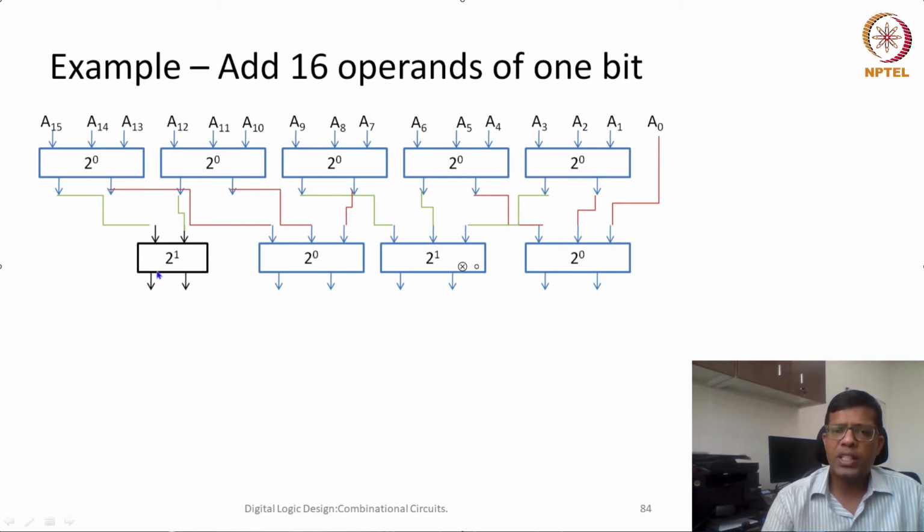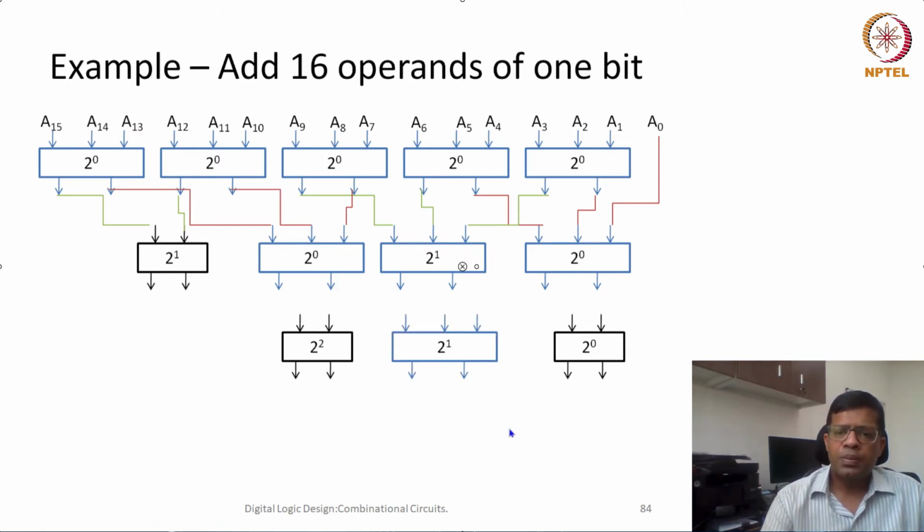Finally we have to add whatever output is generated here, so we can add them also. Now here I will still require one full adder and two half adders. In the full adder, this is 2's power 0 place, and this is also 2's power 0 place, so I will add both of these two inputs.